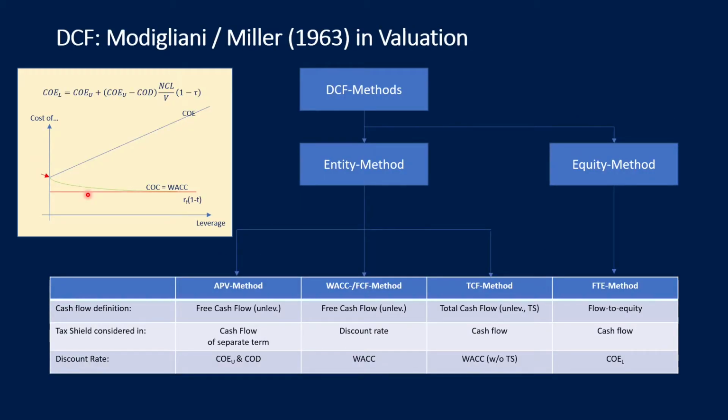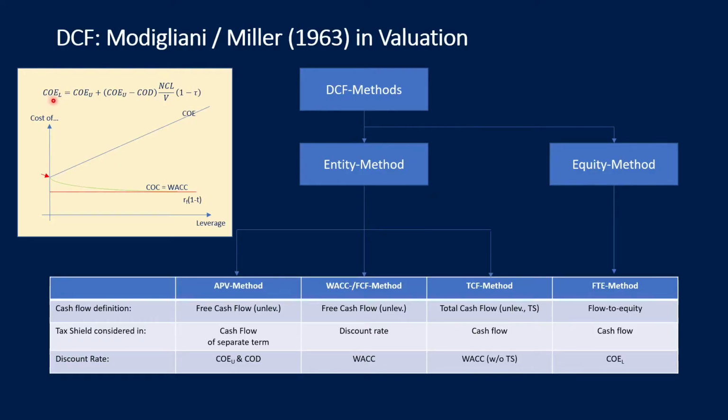As I said, discounted cash flows are based on Modigliani-Miller theory. I have already done another video on Modigliani-Miller theory. Please refer to that video if you're not so much into it. Modigliani-Miller made assumptions about the cost of capital in a company, and they derived this adjustment formula.